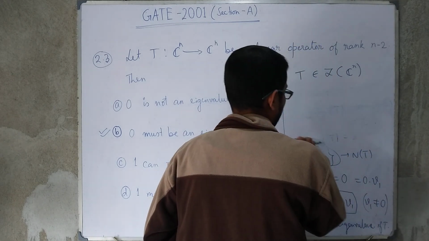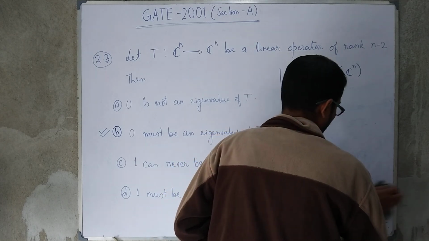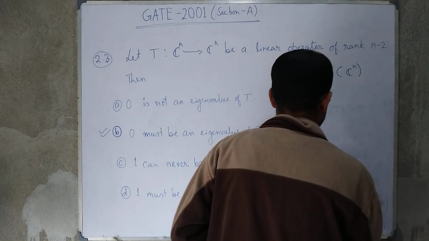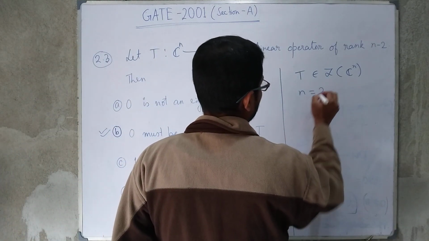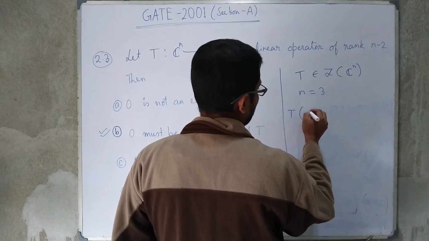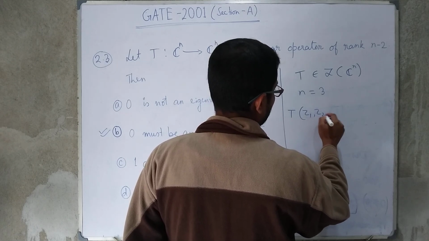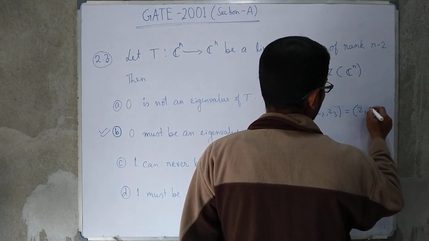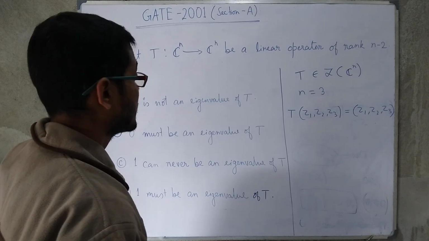Now we see the other options, and we will try to discard them by taking a particular n and a particular linear operator. So choose n equals 3 and T: Cn to Cn, defined so that Z1, Z2, Z3 maps to itself, that is, the identity operator.